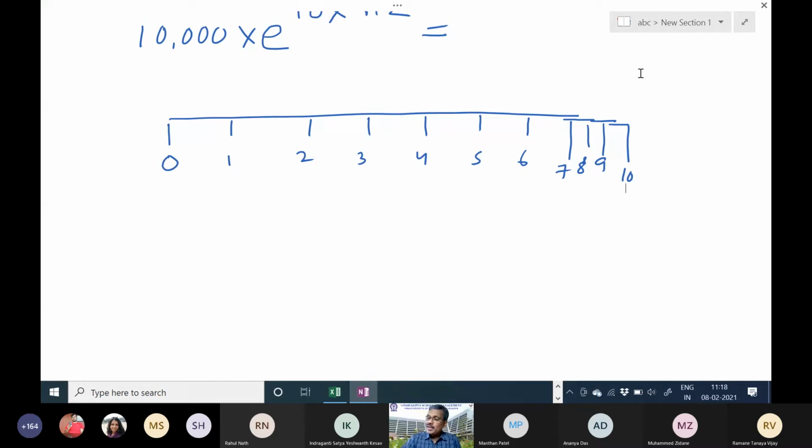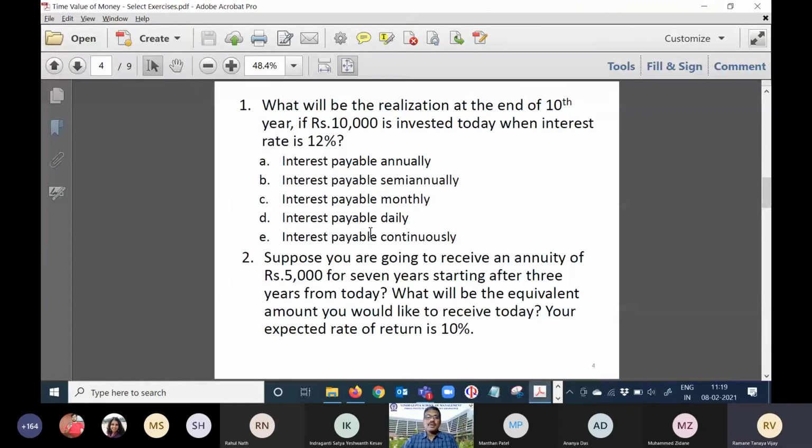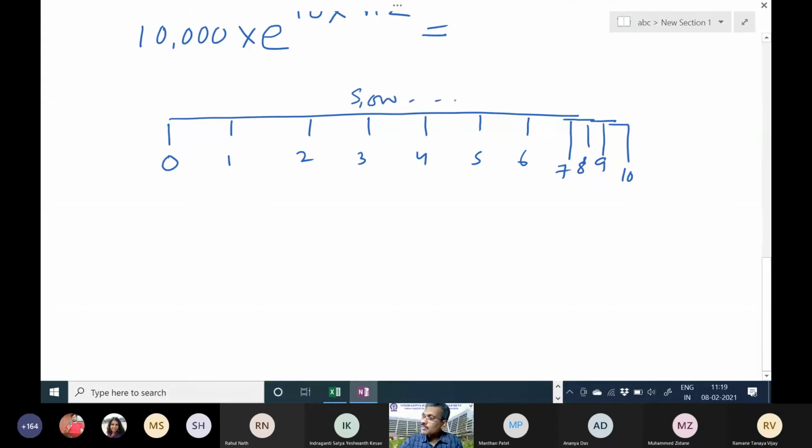Always keep in mind you are at time 0. Today means 0. From the 3rd year onwards you are going to get how much? 5,000. For how many years? 7 years. So you will get 5,000, 5,000 like this up to 7 years.